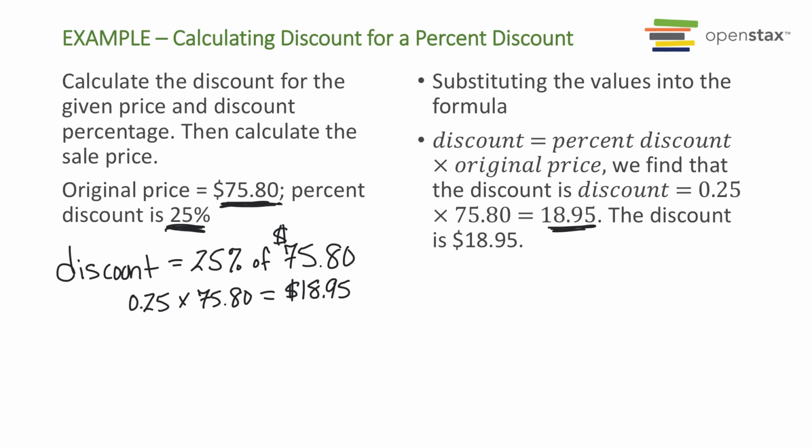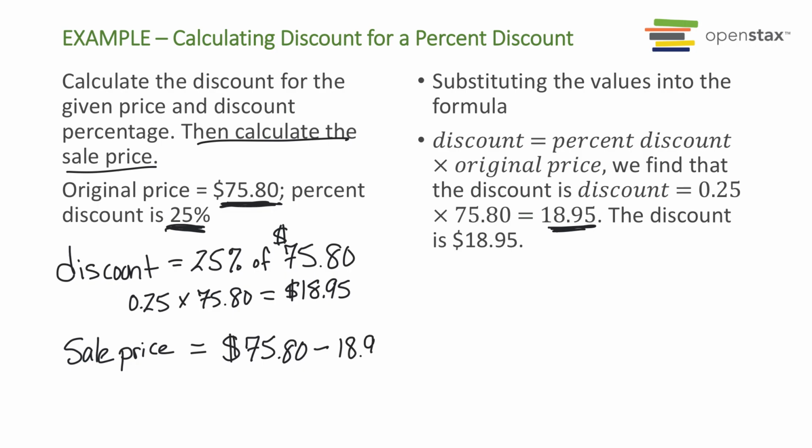So that's the discount amount. So what is the sale price? So the sale price is going to be the original price, the $75.80, minus the $18.95.